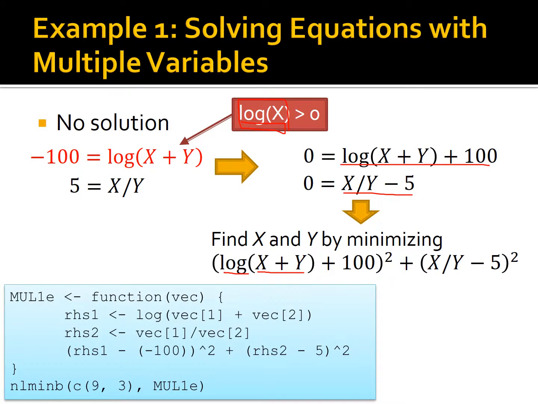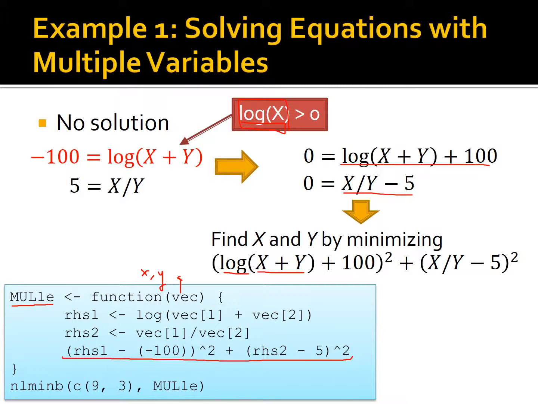So you can write the function like this, and call it mul1e, which is supposed to provide the error, and the vector again has two elements x and y. So you can follow the equation and write out the minimizing function.